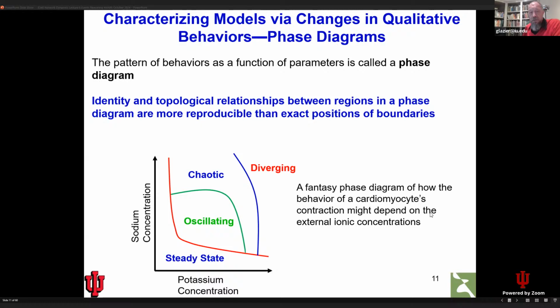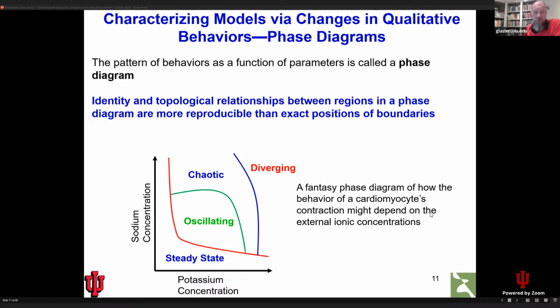It's a steady state solution. If you push them too hard, you can get chaotic oscillations, which is usually a bad thing for the heart. And if you really push them too hard, they'll oscillate until they die, and you get a divergent solution. And so we can imagine, for a particular system, drawing a set of boundaries of this kind.